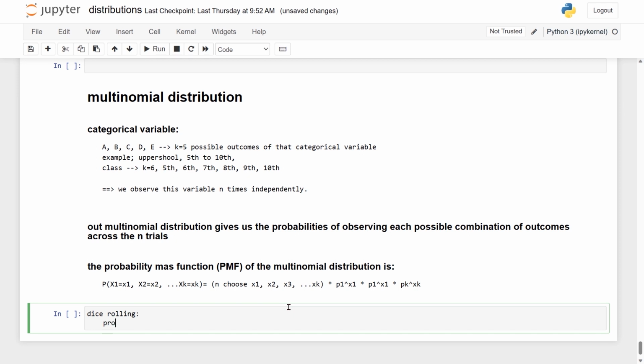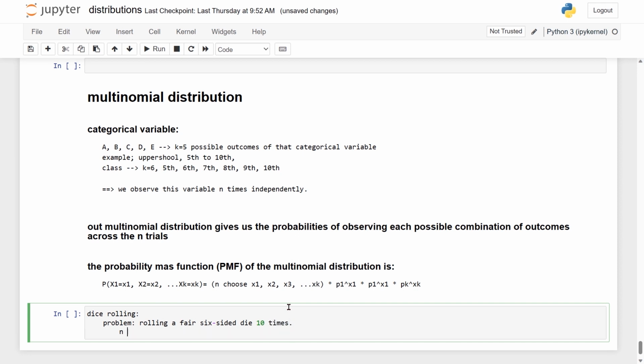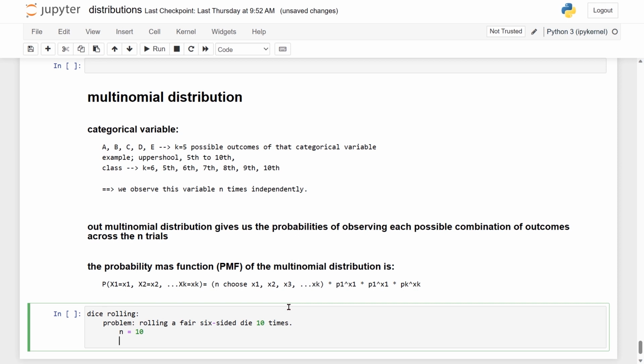So then n is equal to 10 for us. Now each roll can result in obviously one of six outcomes. You know that these are the six categories. The six outcomes are either a one, a two, a three, a four, a five, or a six. Just take it as six categories.